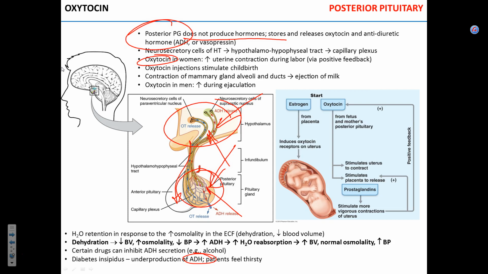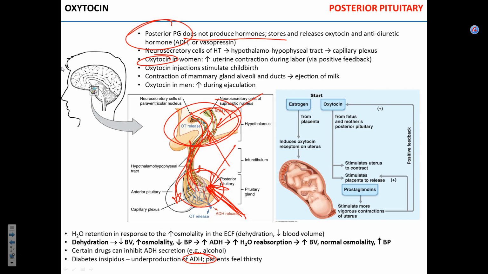In this case, hypothalamic hormones are delivered into the posterior pituitary gland, from which they enter the circulation. Clear? Now, these neurons form what is called the hypothalamo-hypophyseal tract.